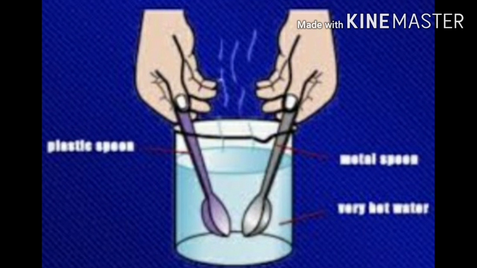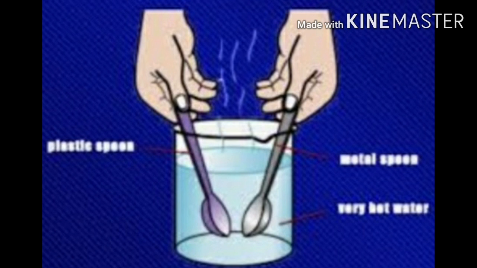But the heat does not flow easily through the plastic spoon, due to which its other end remains almost cold. This activity tells us that the metal spoon is a good conductor of heat, whereas the plastic spoon is a poor conductor of heat.